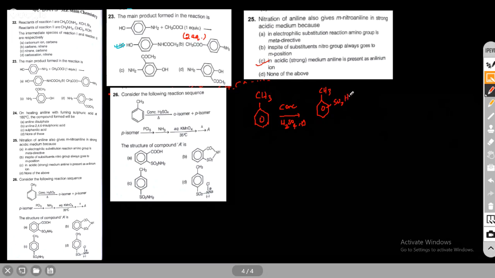I'll write down only ortho product here, okay? SO3H plus, this will be there at para position. This is ortho toluene sulfonic acid, okay? Ortho toluene sulfonic acid.